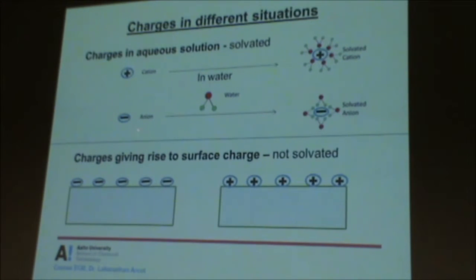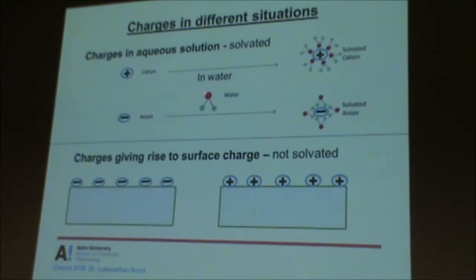Now, if you take a cation or an anion in solution, they're not always just alone. They're always surrounded by solvent molecules, and this is called solvation. And you always have cation or anion surrounded by, for example, here what I'm showing, these two green spheres. They are hydrogens, and this is the oxygen.